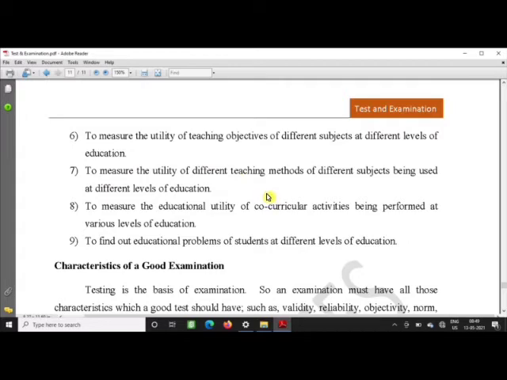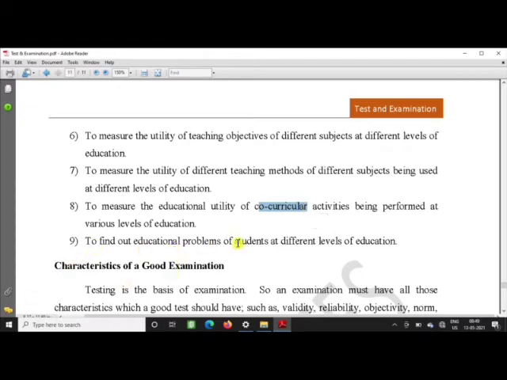Measure the utility of different teaching methods, different teaching strategies, and modifications are also made from time to time; whether these things are helping or not can also be examined. To measure the educational utility of co-curricular activities being performed at various levels of education, not only academic, but also co-curricular non-academic activities can be examined, whether they are working or not.